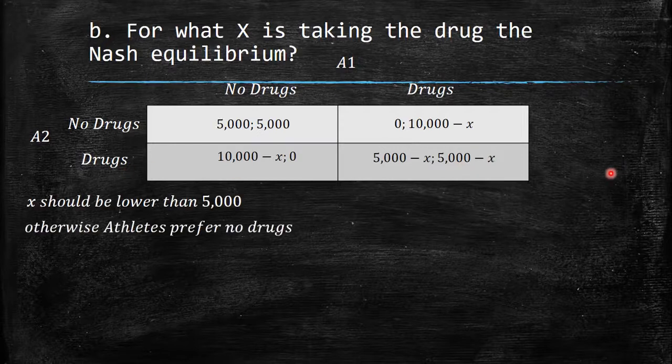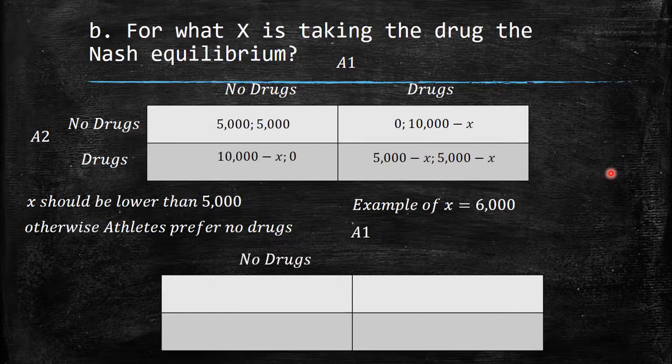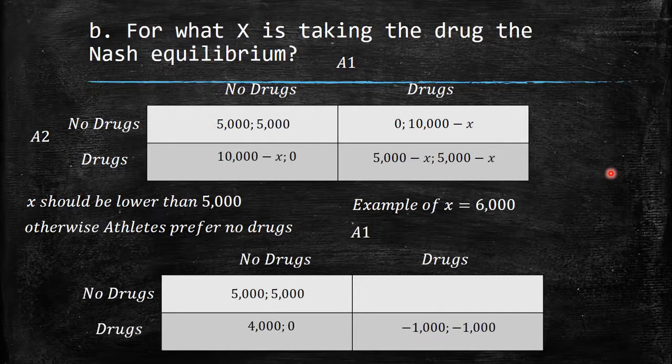So let's make an example of, for example, x 6,000. If you have x 6,000, then automatically you realize here that this guy, athlete 2, has that situation. Sorry, I made kind of a mistake.